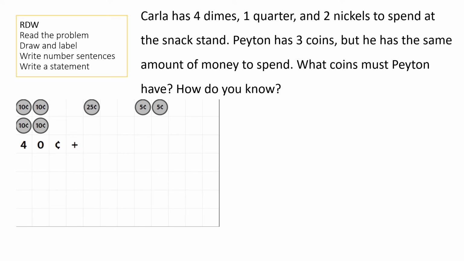I'm going to add that with the value of 1 quarter, 25 cents. And then I'm going to add that to the value of 2 nickels, which is 10 cents. So in total, Carla has 75 cents.